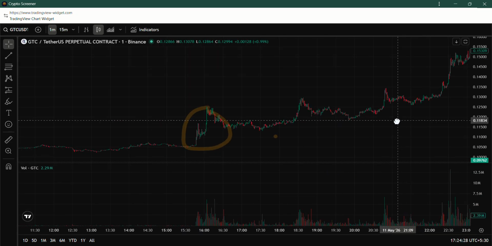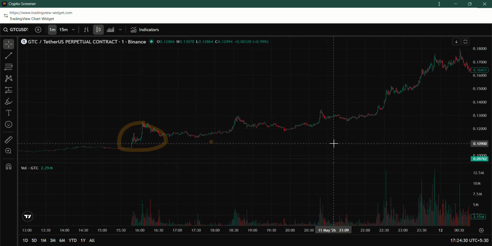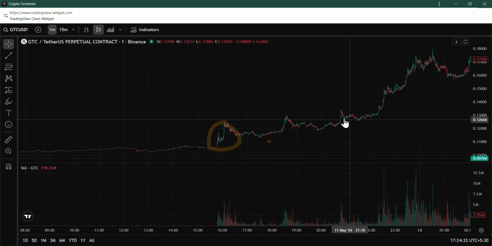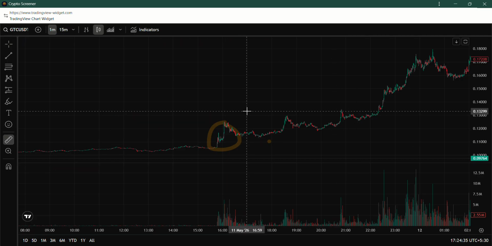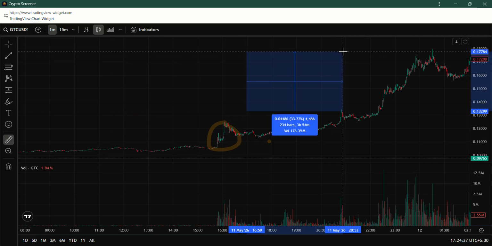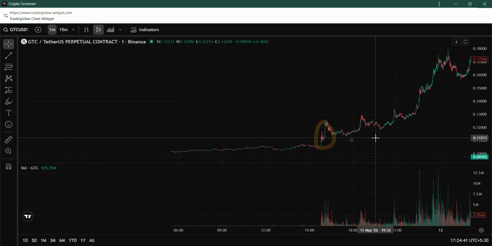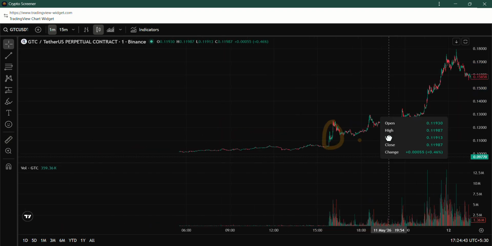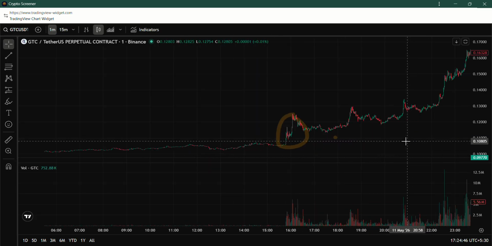The price is rising very well. From here it moved up to 34-35%. What a significant move. I achieved 1:4 here.